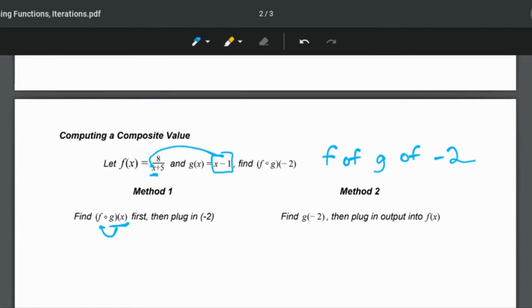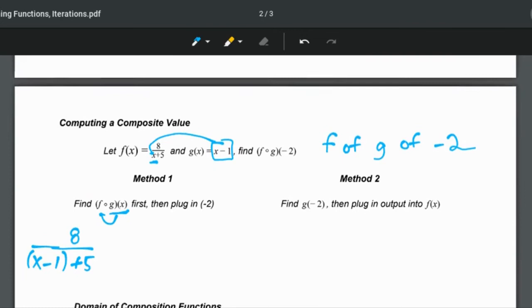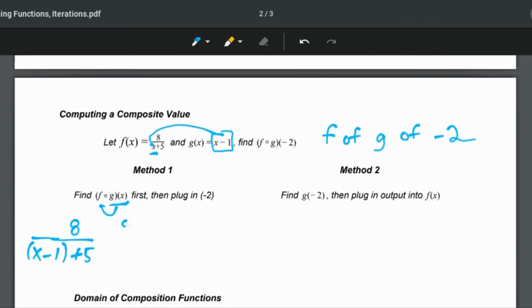We take g of x and substitute it into just the x in that f of x function. So instead of 8 over x plus 5, I have 8 over something plus 5. What is that something? That something is the quantity x minus 1. Now I need to simplify this a little bit, and I would get 8 over x plus 4. That's my f of g of x.